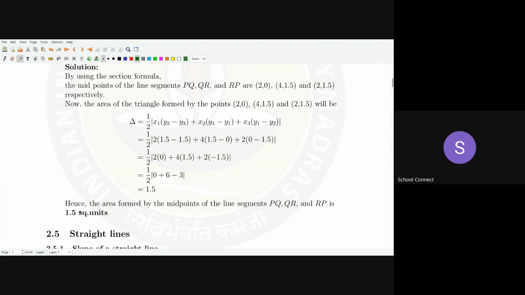The square units is just to make sure that things are proper and make sense. Area is denoted in square units, so you cannot say 1.5 kilometers. Area cannot be represented in kilometers. For that particular purpose, we just mention the units.